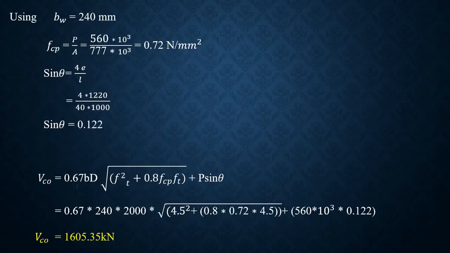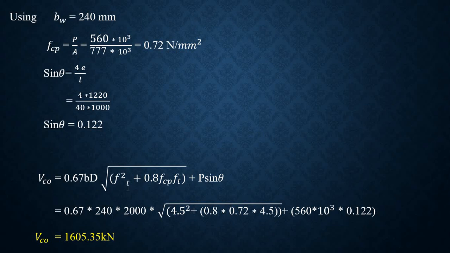Next is, see here, we should find out sin theta, fcp term and all. Why do we require that? We have Vco, that is ultimate shear resistance of a section. For ultimate shear resistance of the section, the formula is Vco is equal to 0.67 b into D into whole root of ft square plus 0.8 fcp into ft, plus P sin theta.